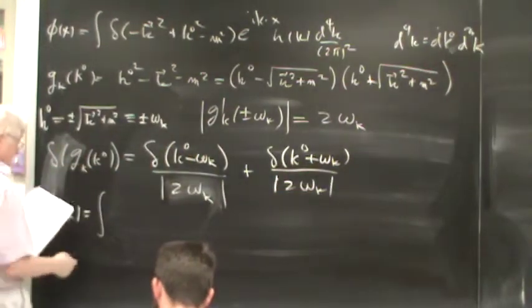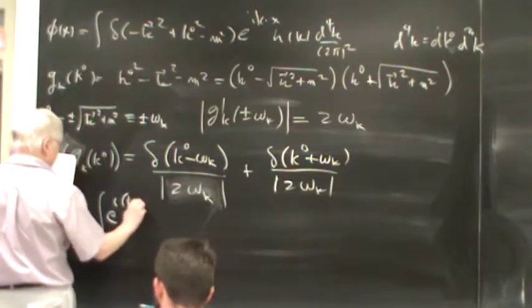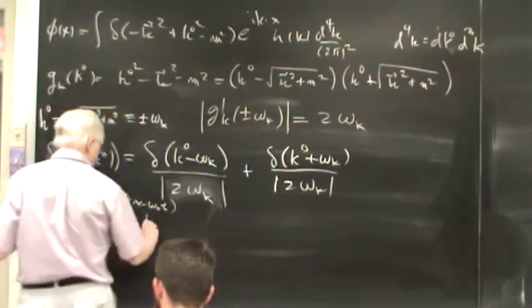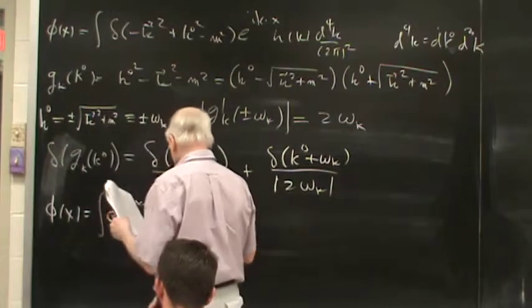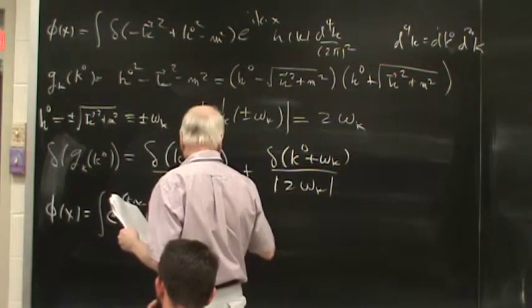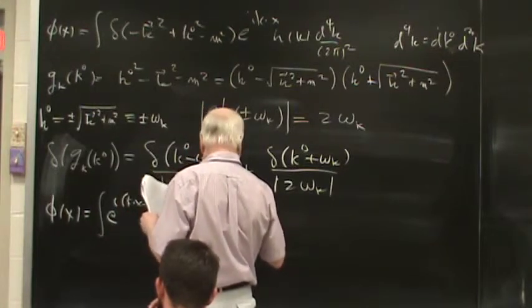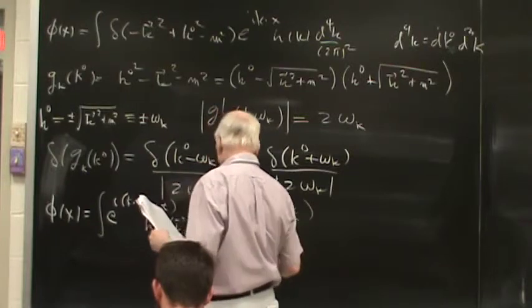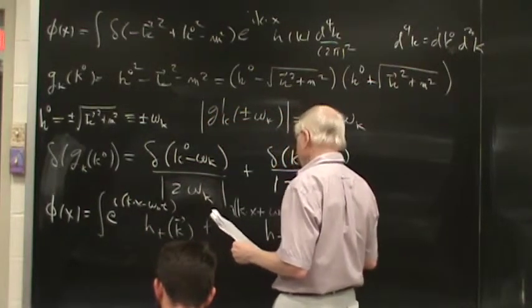And so what we get here is e to the i (k dot x minus omega k t), what I'll call h plus of k, where k is now a vector, plus e to the i (k dot x plus omega k t) times h minus of k.